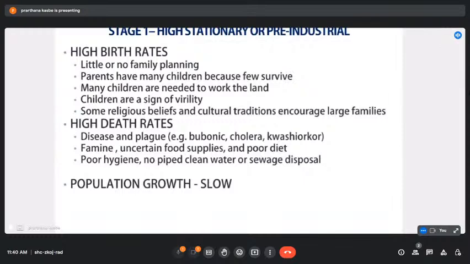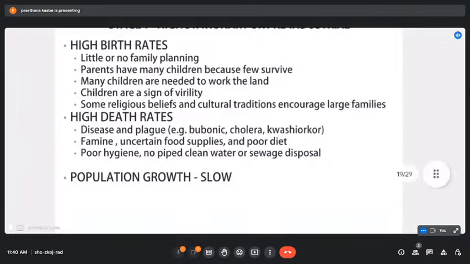Then many children are needed to work on the land. म्हणजे जमिनीमध्ये किंवा स्वतःच्या शेतामध्ये काम करण्यासाठी मग आपलेच मुलं असावेत किंवा मग जे काही रिलिजियस बिलीफ असेल त्यामुळे किंवा पारंपरिक दृष्ट्या त्यांना जास्त फॅमिली मोठी असावी, तर याचा जो काही उद्देश होता त्याच्यामुळे हाय बर्थ रेट हा वाढलेला होता.